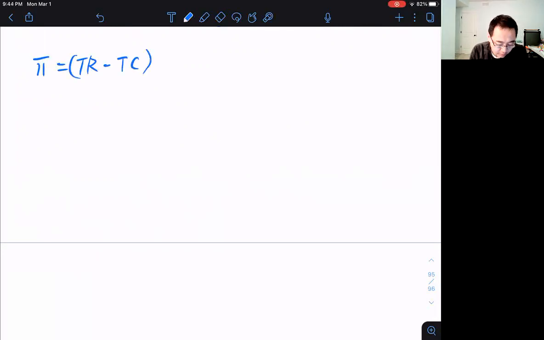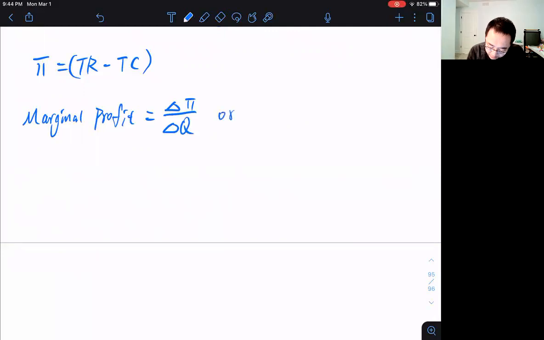And then your marginal profit, it's the change in total profit over the change in quantity, or now you know it is the derivative of the profit function with respect to quantity. Okay, so that is how we use it in economics.